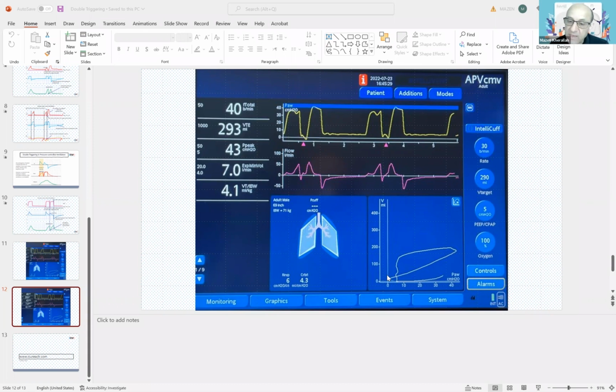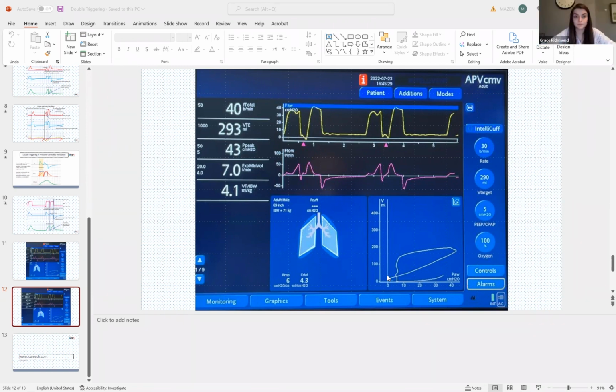So that's why it is very important to set those limits to protect the lungs, not only based on the protective lung strategy, but also for the unwanted consequences of dyssynchrony with the ventilator. So by setting the alarm limit at, ideally, I would set it at 35. If you set it at 35, and if you have double triggering, you won't get that much tidal volume inside the chest with the second one.